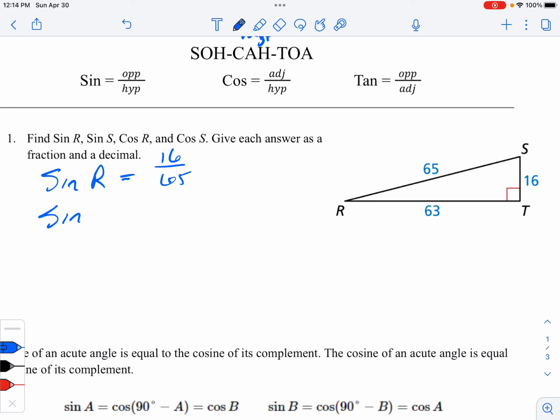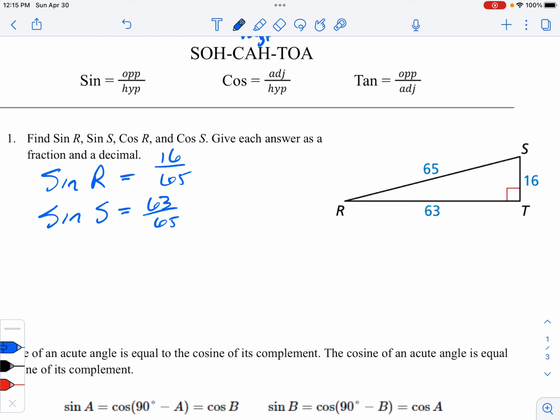And the sine of angle S, similarly, the side opposite of S is 63. The hypotenuse is still 65, so this would be 63 over 65. Now this would be a good place to pause and think about the cosine of R and cosine of S. Try to write those ratios by yourself and then come back and unpause.